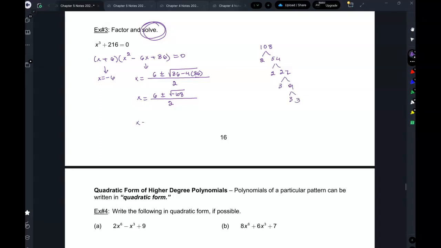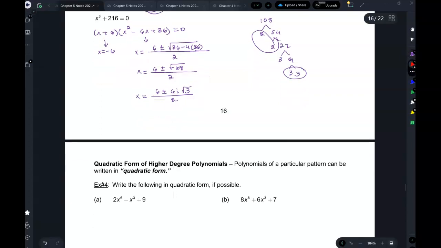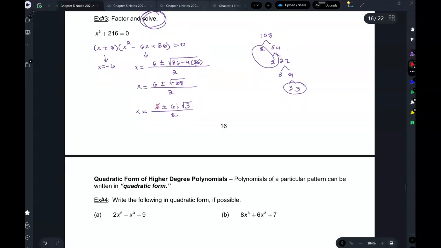Okay, so finally, let's see what we have. X is 6 plus or minus. What comes out? 3 times 2. 6i root 3 all over 2. Okay? So each of these can factor with a 2.